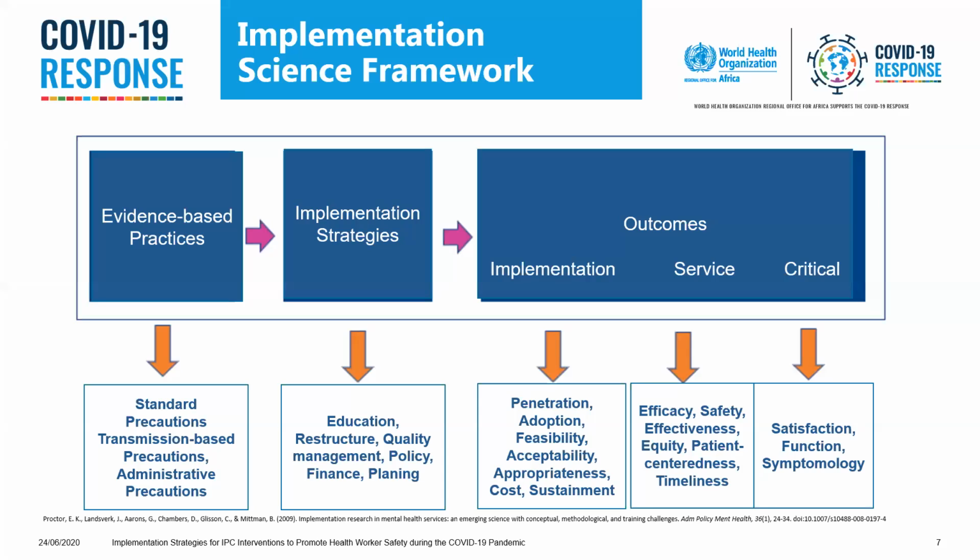And the way that we promote these evidence-based practices, ideally, is through using implementation strategies, more than one of the six categories of those strategies I just showed you. Our goal is that when we effectively implement these strategies, we're going to see positive outcomes: implementation outcomes like feasibility and acceptability, service outcomes like effectiveness and efficacy, or again, clinical outcomes.